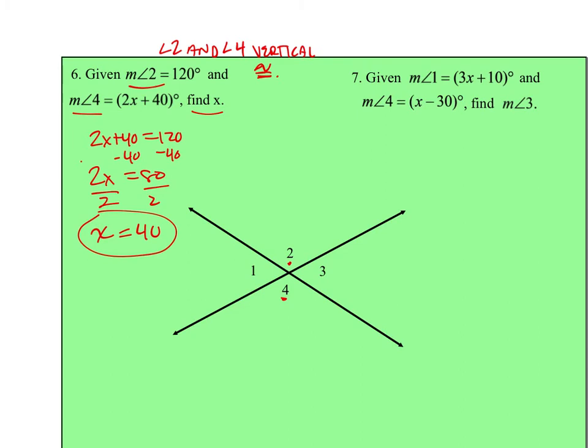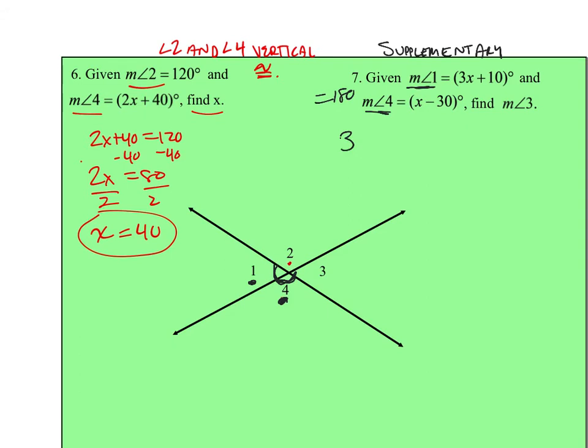So now let's look over here. Now we have 1 and 4. Well, 1's right here, 4's right here. These two aren't equal. They make a line, so they're supplementary. They're going to add up to 180.